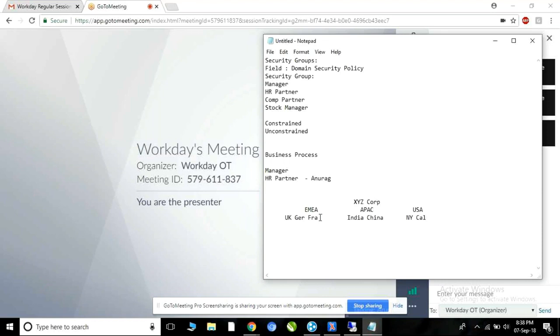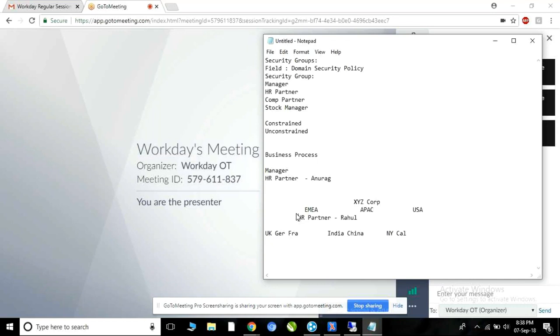Now, I have created one HR partner group which is unconstrained type. What this means is that suppose I am at the EMEA level and I assign the HR partner role to, say, Rahul.